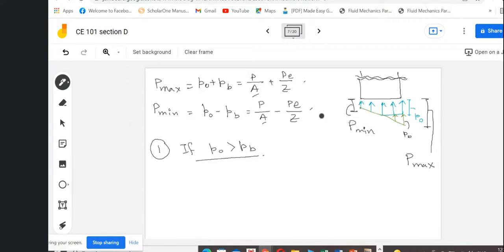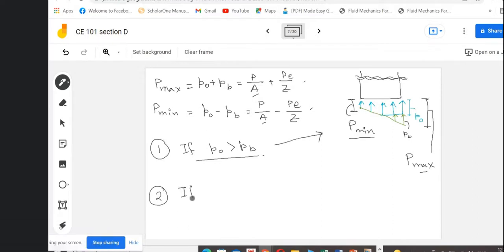So this deducted amount, P by A minus PE by Z, will tell us the P minimum, whereas these two plus will tell us the P maximum. Okay? So this is condition 1, if the P naught is greater than PB.